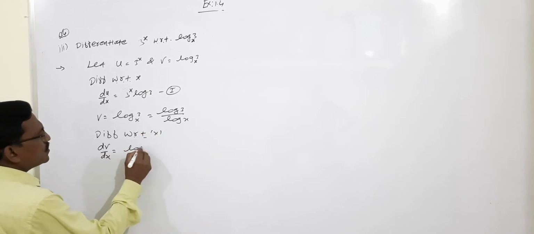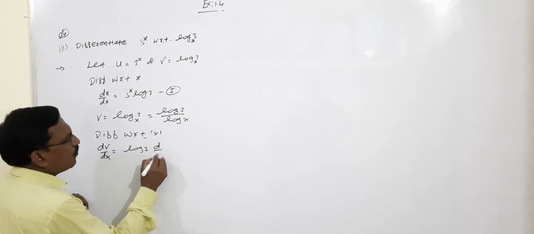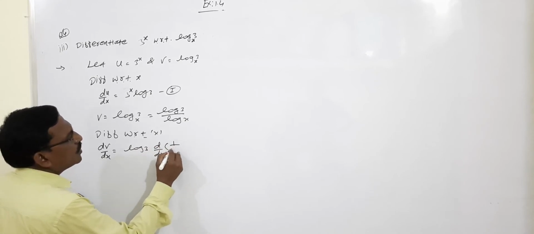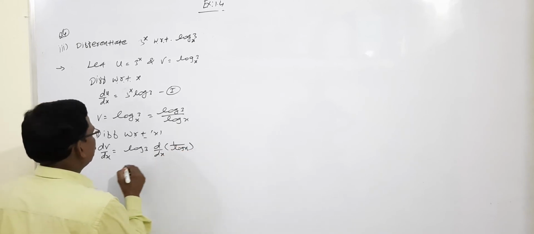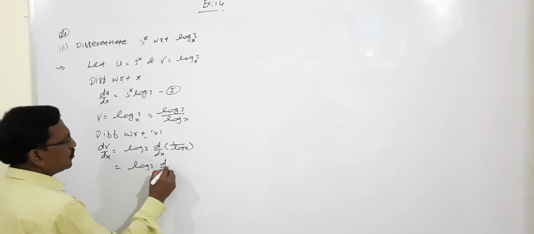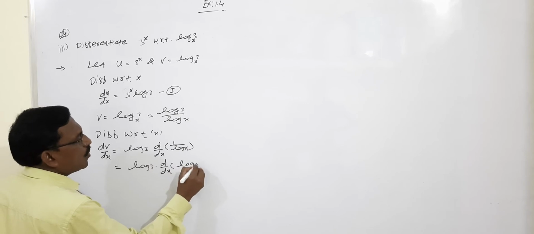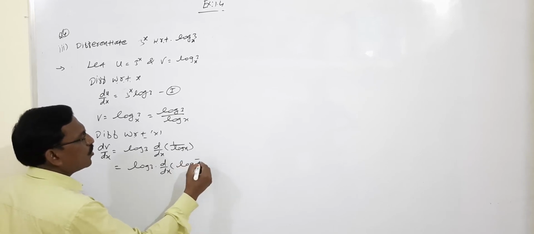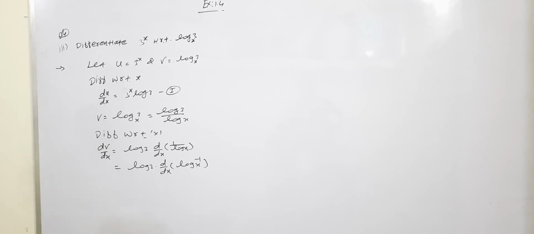Log 3 is constant. We take the derivative of 1 by log x, that is log 3 into the derivative of log x to the power minus 1.